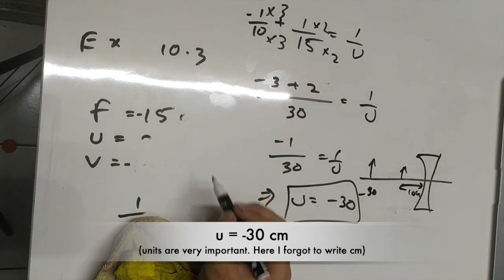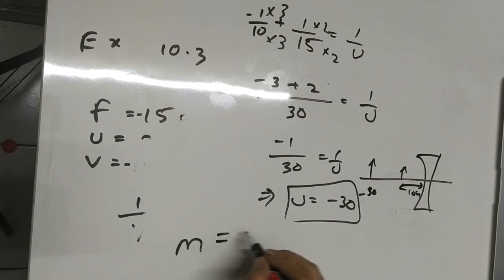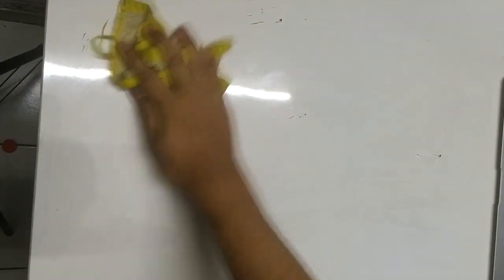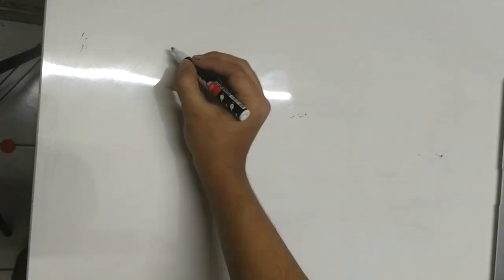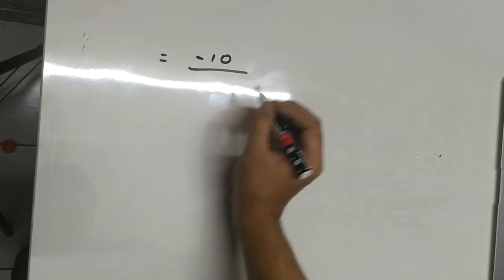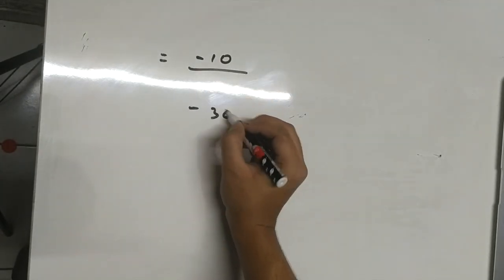What is magnification? M is equal to V by U. Okay, so now let us erase this. V by U. So what is V? V was minus 10. Minus 10 by U. How much is U? Minus 30.